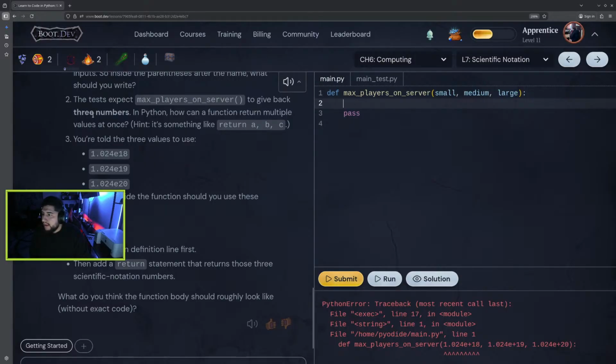To give back 3 numbers in Python, how can a function return multiple values at once? Hint, it's something like return ABC. Oh, okay. Instead of that, I could put ABC instead. Okay. Then let's do that.